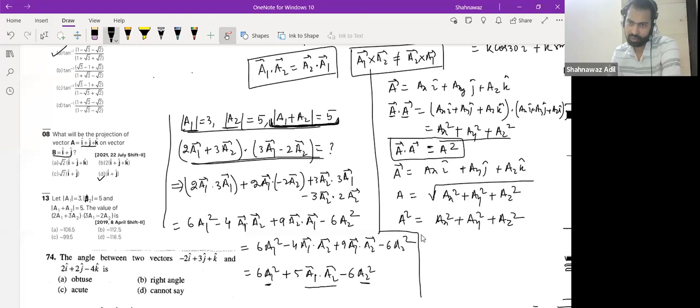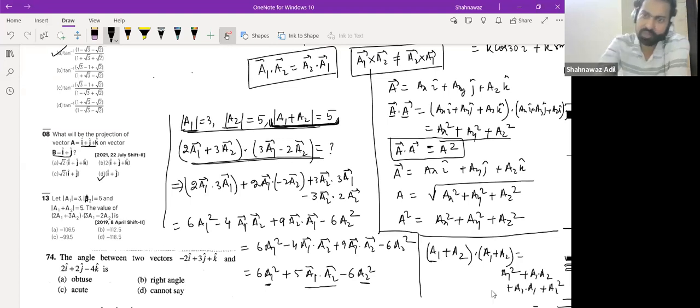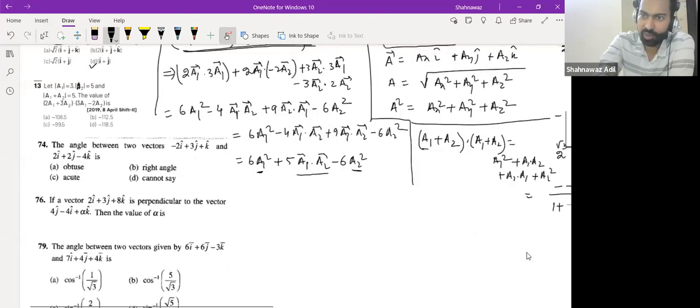So yeah, let me write this. So a1 plus a2, right? Let's say that I want to calculate a1 plus a2 dot a1 plus a2. So this would be a1 square, and then this would be a1 dot a2 plus a2 dot a1 and plus a2 square.